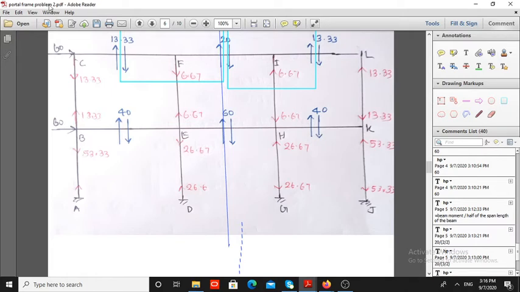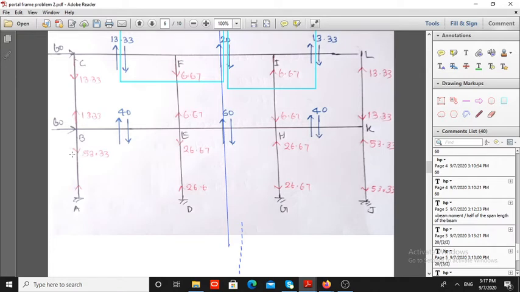Similarly, in the exterior column it is maximum. The axial force in the exterior column is higher than the axial force in the interior columns. Okay, so if I consider this section B, I can find this axial force.